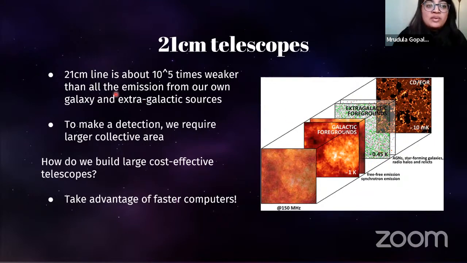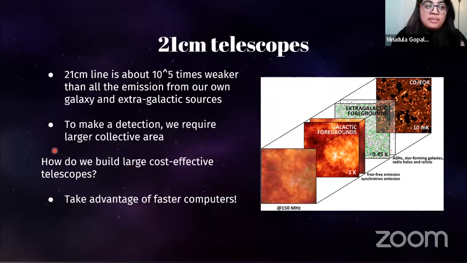Basically the 21 centimeter line that we're interested in is about 10 to the power 5 times weaker than the emission from our own galaxy and extragalactic sources. Which is why, if we want to detect it, we need to collect a lot of it. Basically, you need a very big light bucket to be able to collect and detect this very weak signal.